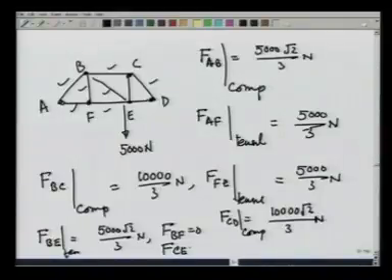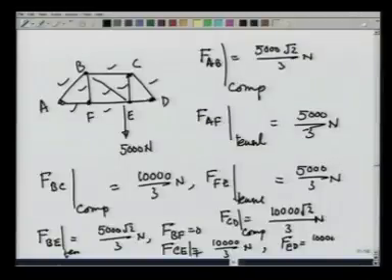FCE came out to be, we just calculated this, 10,000 over 3 newtons tensile, and FED came out to be 10,000 over 3 newtons, tensile. You can go back and check these answers yourself.